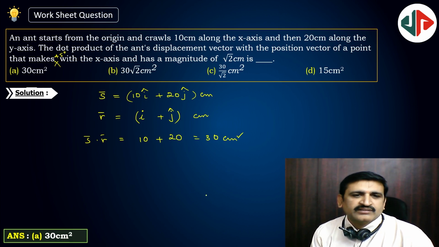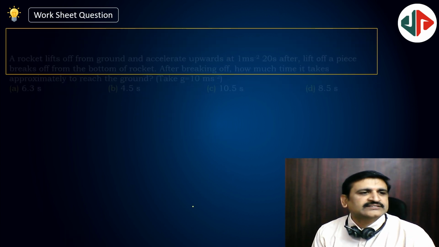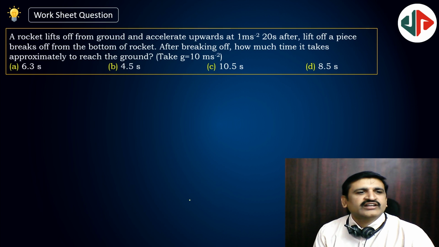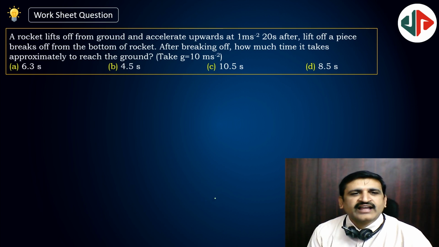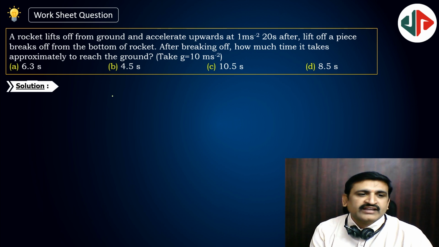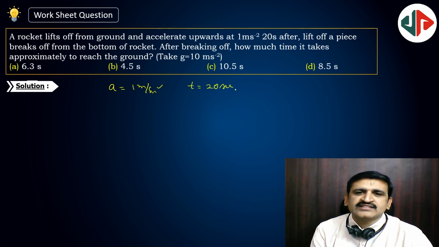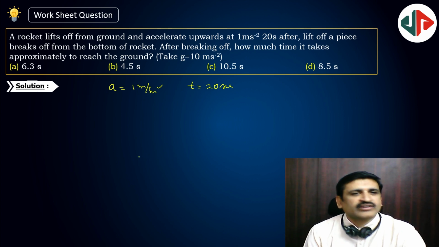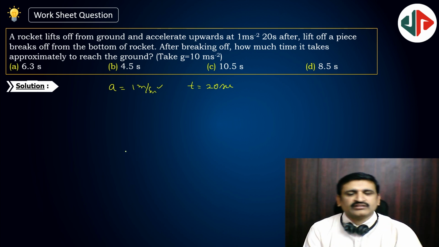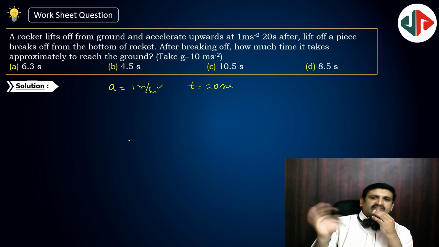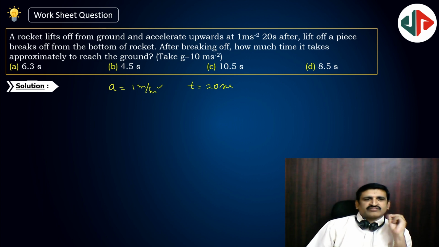Next, a rocket lifts off from the ground and accelerates upward at 1 meter per second square. 20 seconds after lift off, a piece breaks off from the bottom of the rocket.